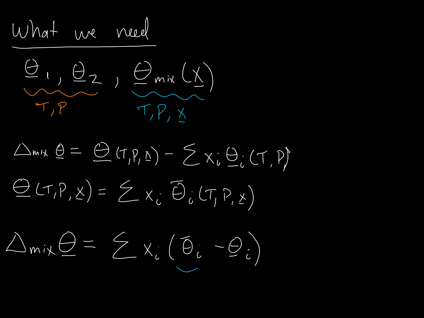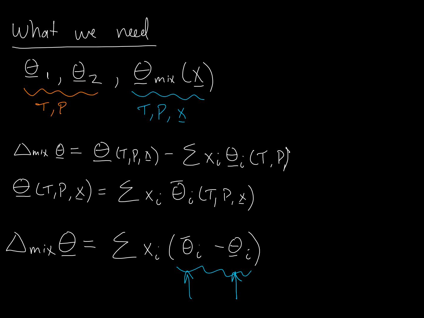So we can see that if any compound, or let's say all the compounds in the system, behave exactly the same in the mixture, which is the theta over bar, as they do as pure species, then we know that everything's okay and it's an ideal mixture.